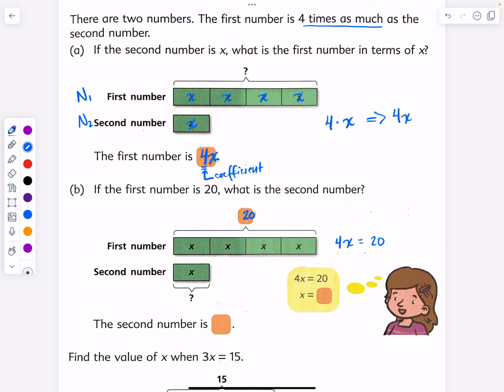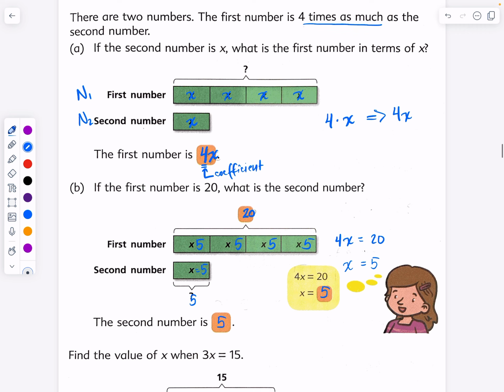The larger number is 20. Therefore, how do we find the smaller number? I'm sure you know the answer. 4 times what makes 20? x equals 5. So the second number is 5.